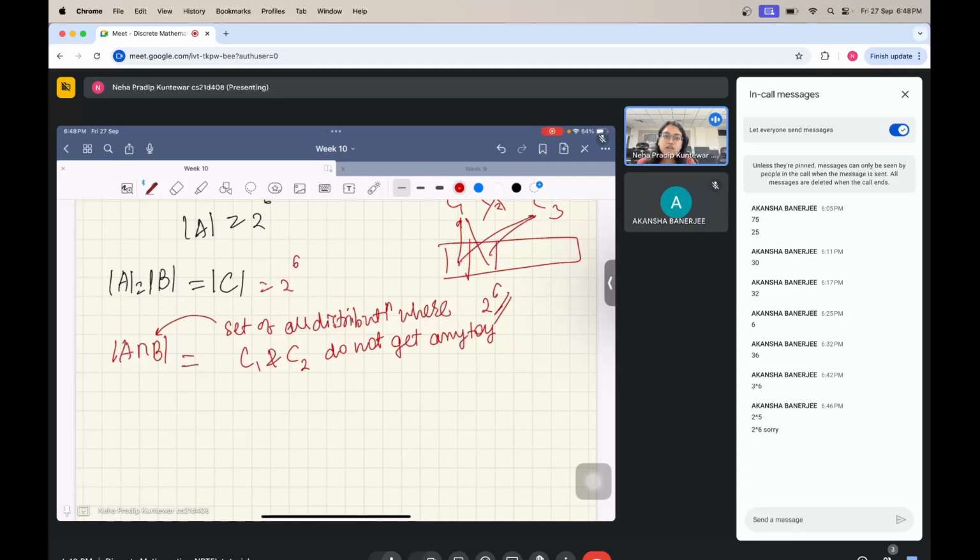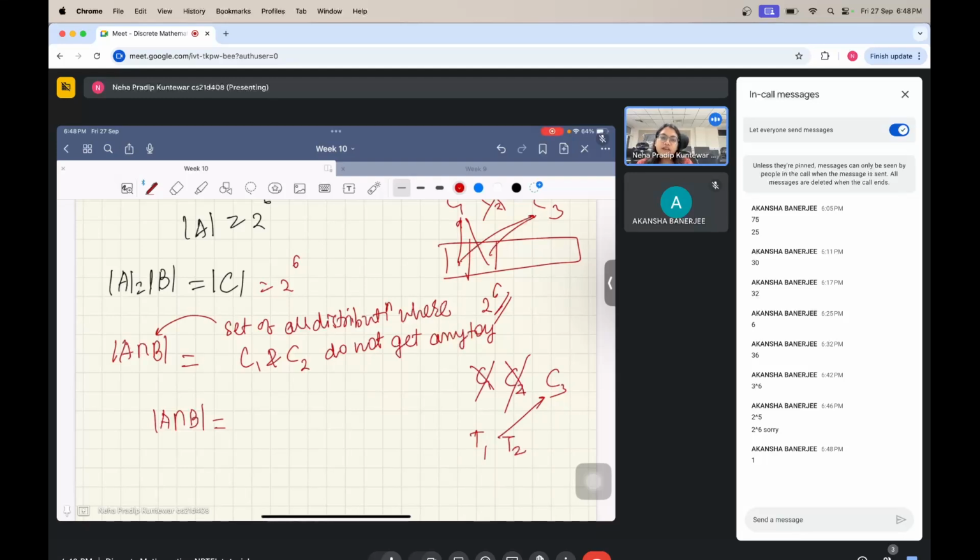So what is the number of ways of doing this? Exactly, there is only one way, because you have three children here. For T1 you cannot give it to C1 and C2, so you're forced to give it to C3.